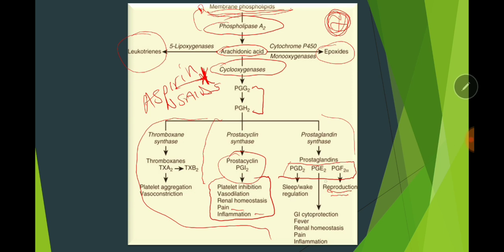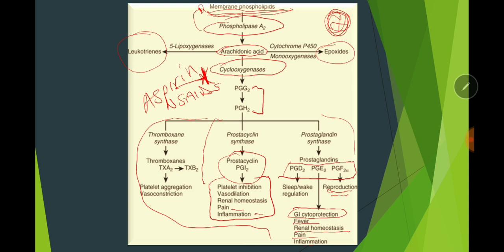They are very protective, and key in terms of GI cytoprotection. Also, they can cause fever, renal homeostasis, pain, inflammation, as we know. So you have to make sure that you know the pathways of how, when you give aspirin or ibuprofen, the pathway is going.